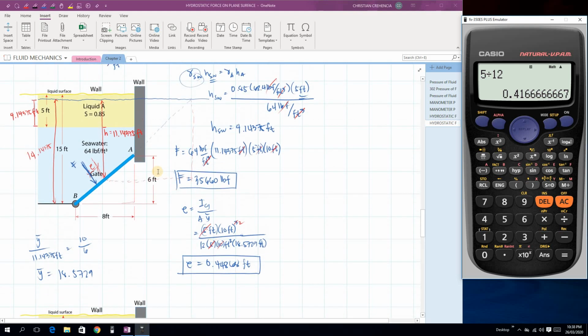So, kung titingnan natin, kapag pala lumiit yung depth ng liquid above nung surface, so yung distance E naman natin is lumalaki. Okay? So, lumalaki naman pala. So, mamaya makita natin kung bakit ganun yung nangyayari. So, bakit lumalabas na inversely proportional yung E dun sa depth ng liquid.